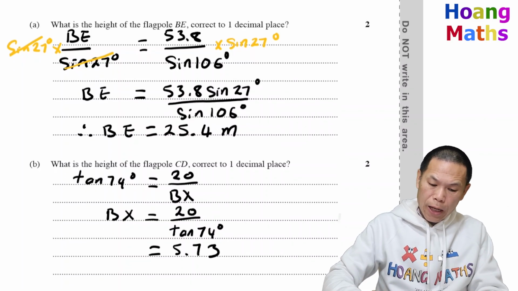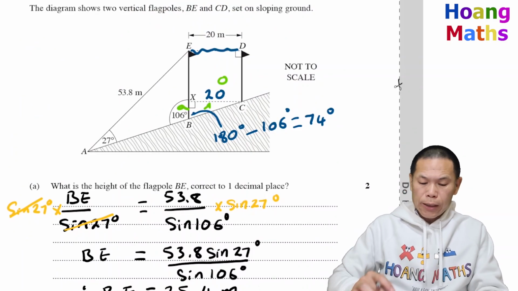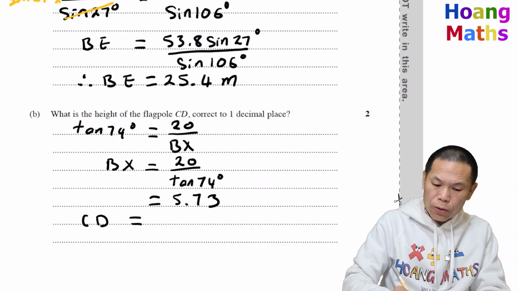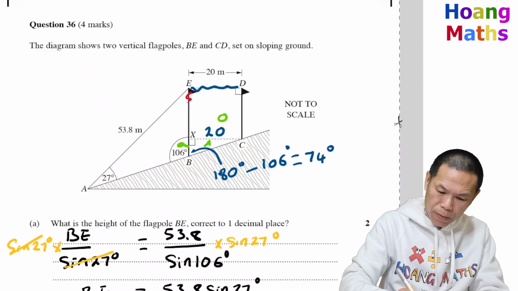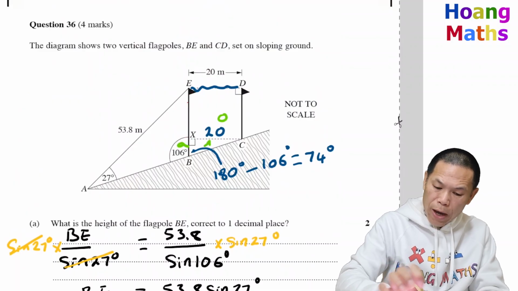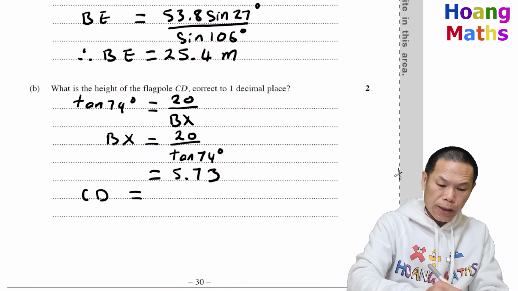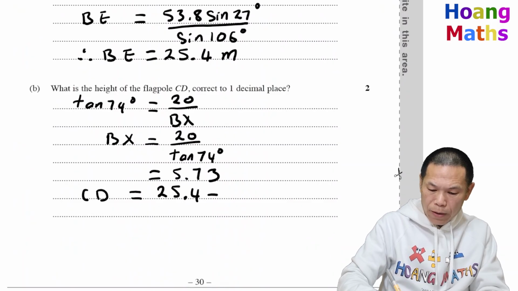So BX is 5.73 and we need to find the length of CD. So CD is equal to BE, this length here, and we take away BX. That will give me CD. So that is equal to BE, which is 25.4, minus 5.73.